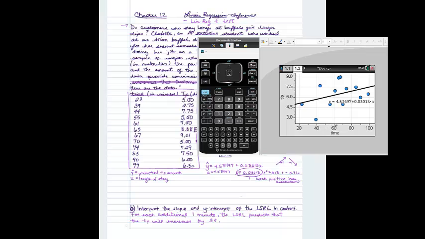Another thing is talking about the y-intercept. For this one, my y-intercept is like 4.5. So what is that meaning? Technically, if you put a 0 in for the length of stay, that would mean they're not there ever, that you're going to get a tip of $4.53. So that's not really part of the data that we're using.